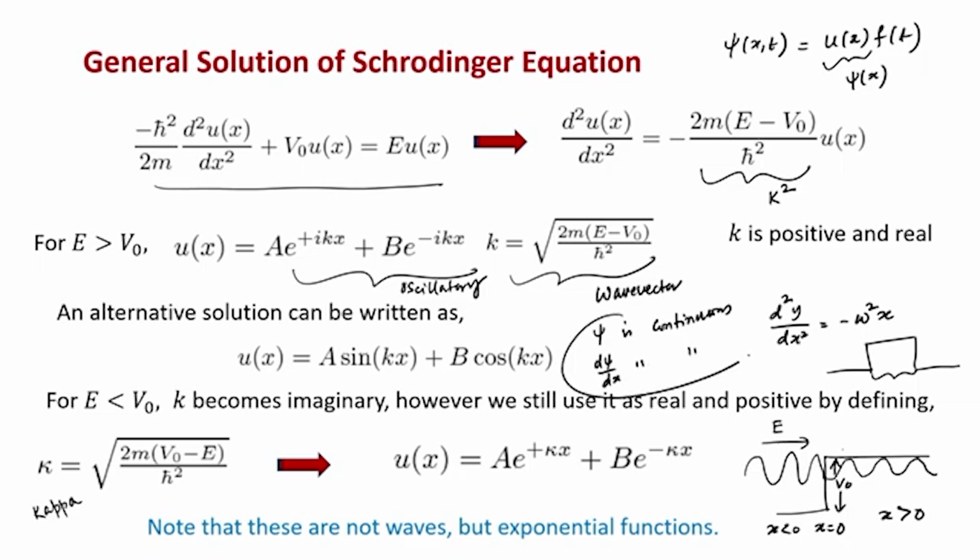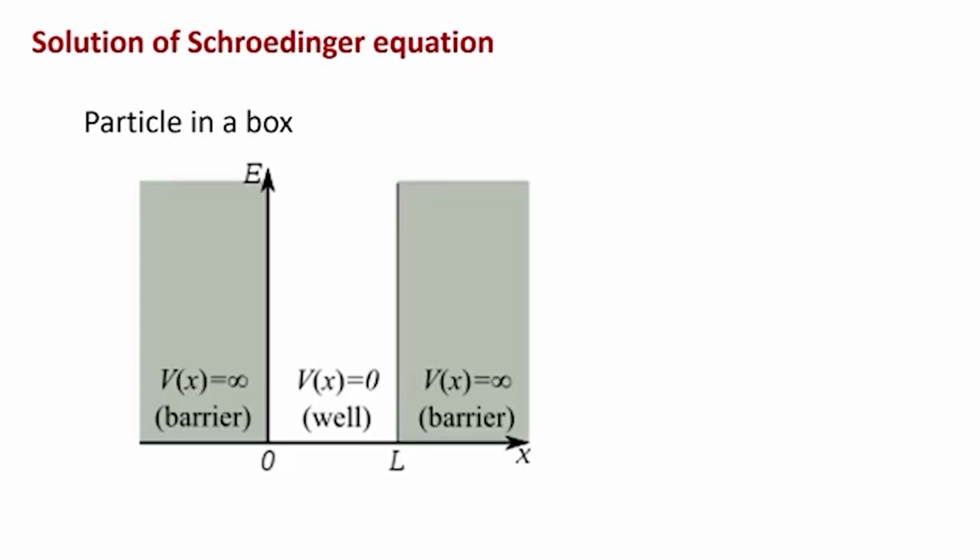As I said, this is only true for a finite discontinuity, that is, V0 having a finite value. If it is an infinite value, then of course the second condition is not satisfied, that is, d psi dx is not continuous, but it is discontinuous by a known amount. So we do not really lose much information. We will show that in a while, if not today, then next class.